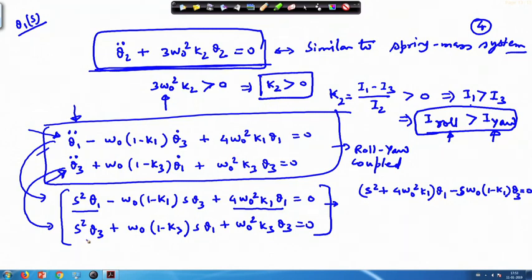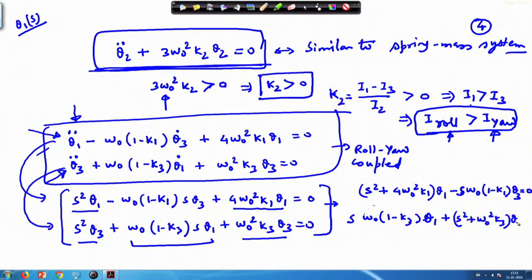And again picking up this one, theta 3 is here, theta 3 is here. So, that term is related to theta 3. First I will write the term for theta 1: omega 0 times (1 minus k 3) times s times theta 1, and then the other term, s square plus omega 0 square k 3 times theta 3, equal to 0.